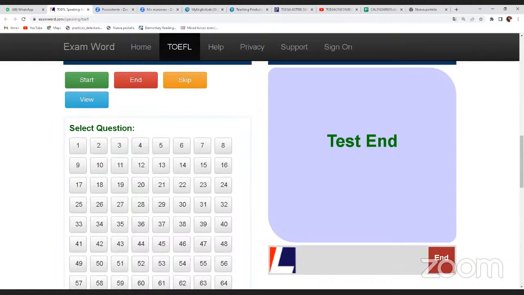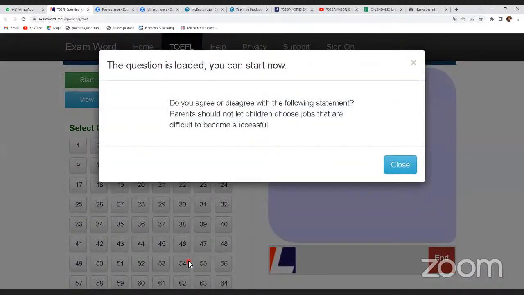Teacher, when it refers to jobs, it refers to a career, maybe, like the career? No, it's not part of the career. Jobs like parents shouldn't let children choose jobs that are difficult to become successful.